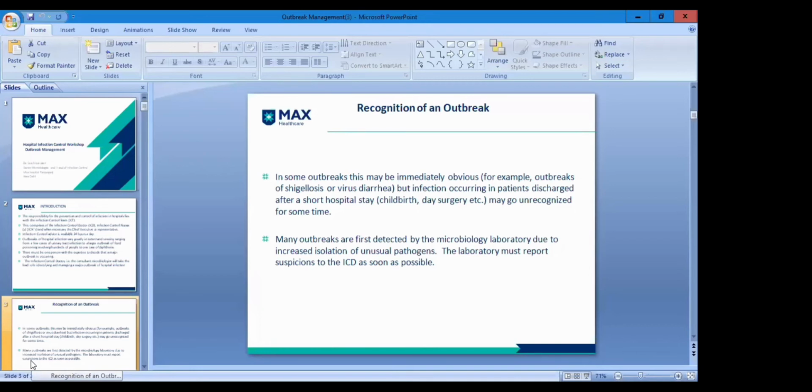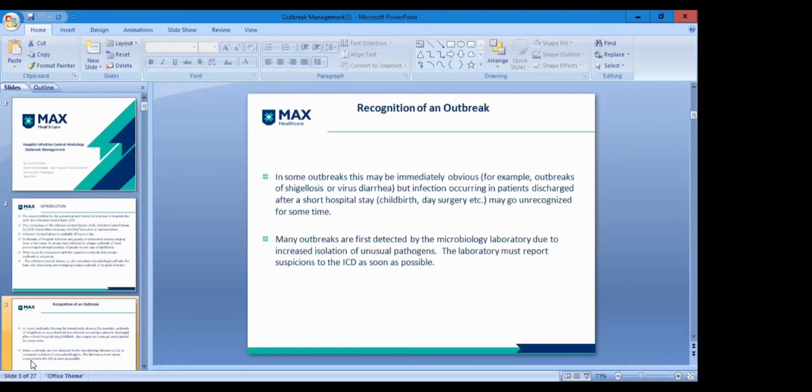Many outbreaks are first detected by the microbiology laboratory due to increased isolation of unusual pathogens. By definition of an outbreak, it is usually clear that if unusual microorganisms start coming in a hospital setup, that is an outbreak.